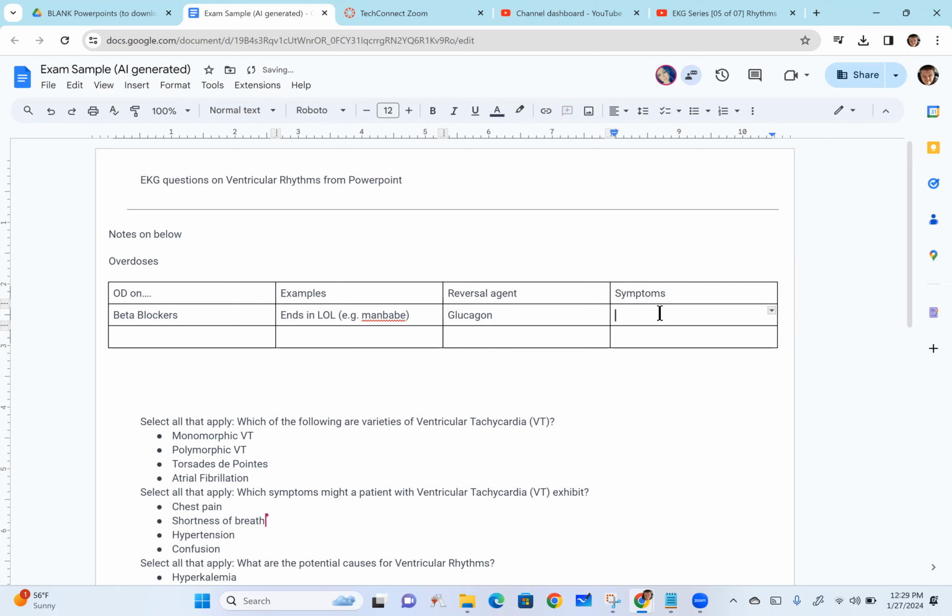Okay, so symptoms, what are symptoms of beta blocker overdose? Dysrhythmias or EKG changes is a good answer, but what EKG changes?